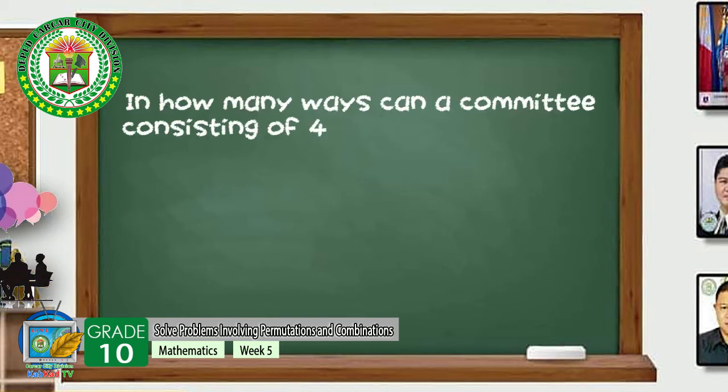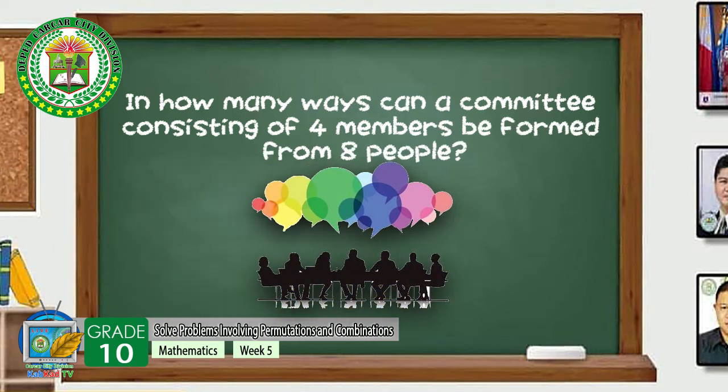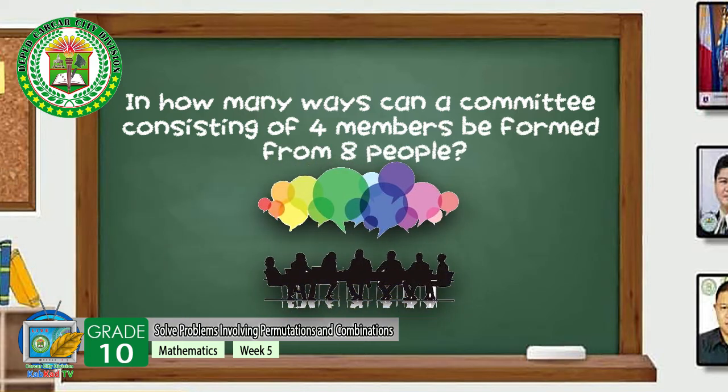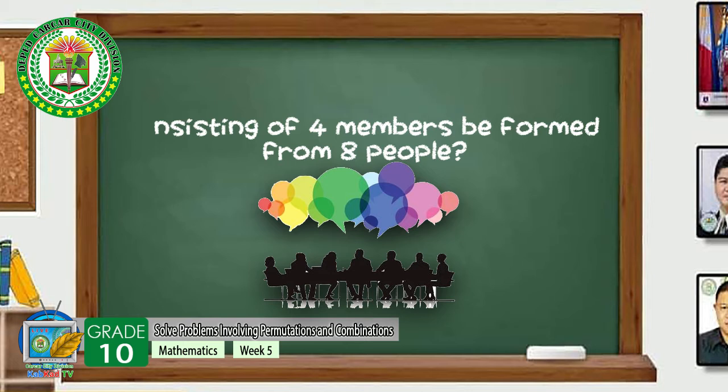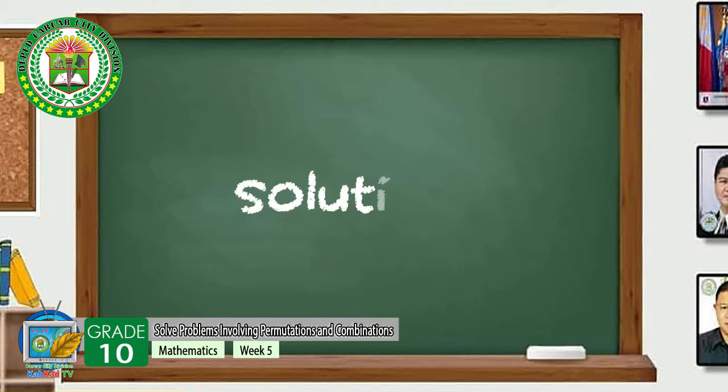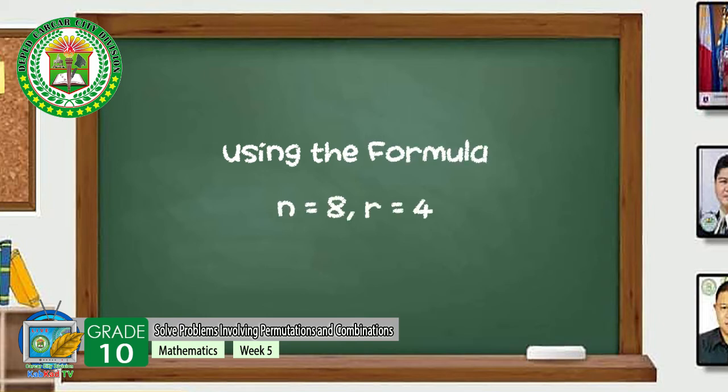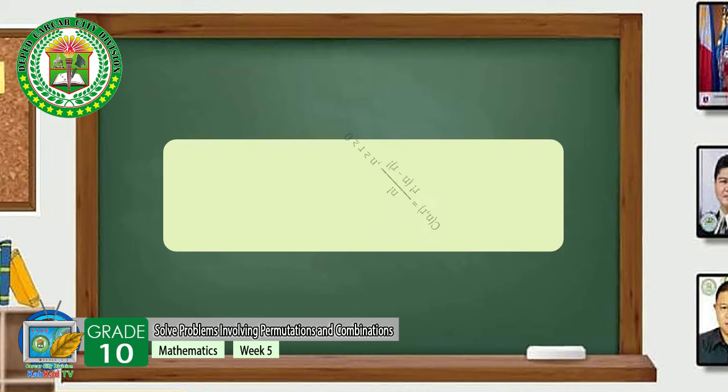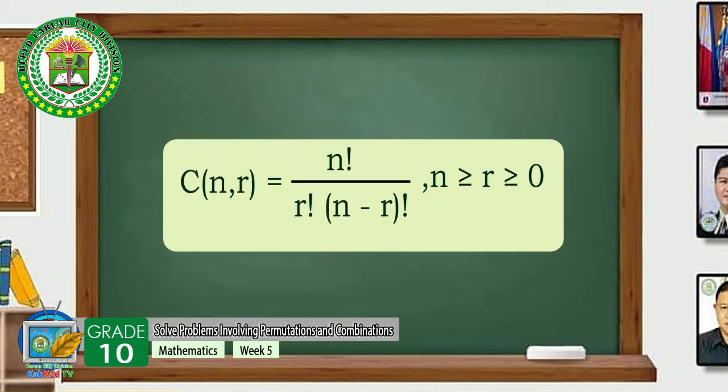In how many ways can a committee consisting of 4 members be formed from 8 people? Here's the solution. Using the formula, n is equal to 8 and r is equal to 4. So let's go back to the formula of the combination and replace the value of n and r.